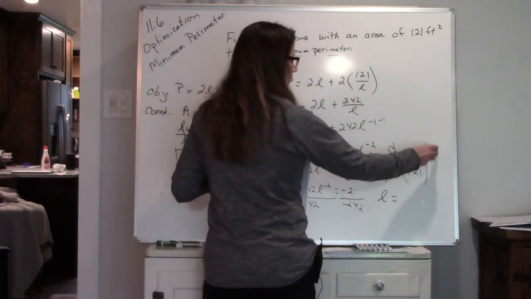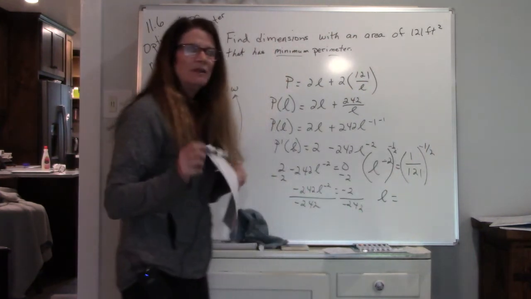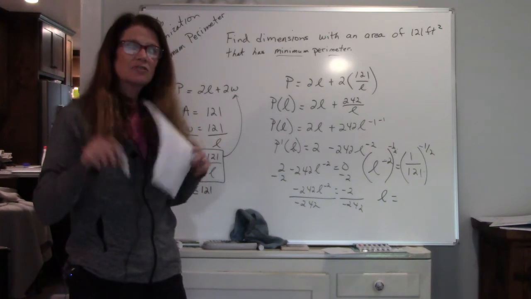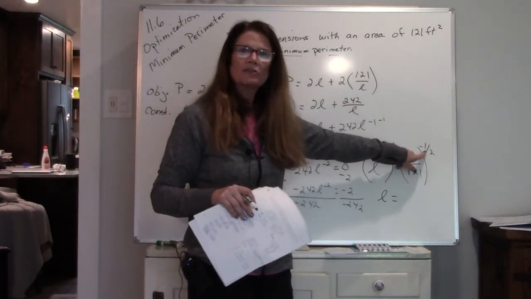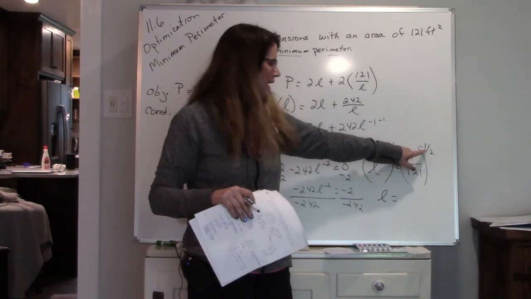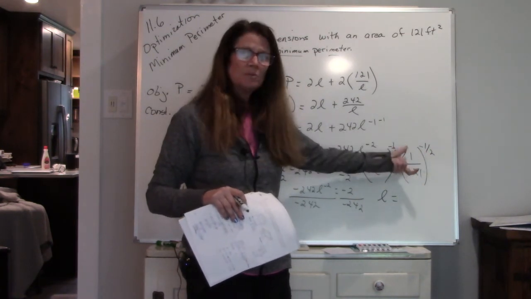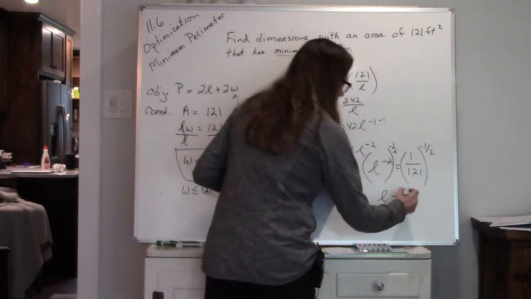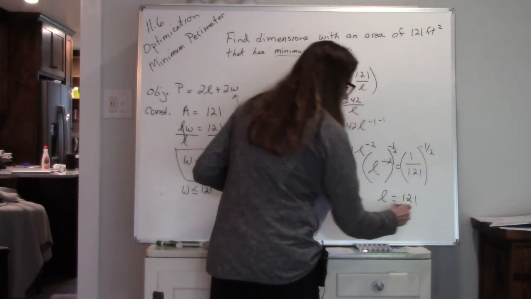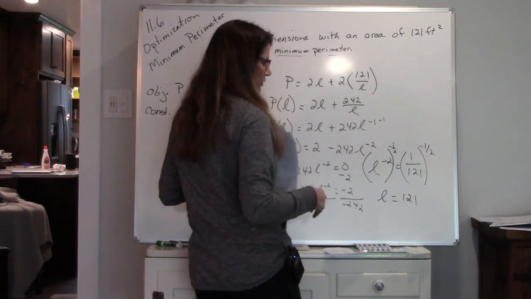And then remember, a fractional exponent, if it's negative, says flip it over. And then the fractional exponent is a root. So this is actually this flipped and then the square root of that. So it looks like this. When I flip this over, I get 121 over 1, which is just 121.